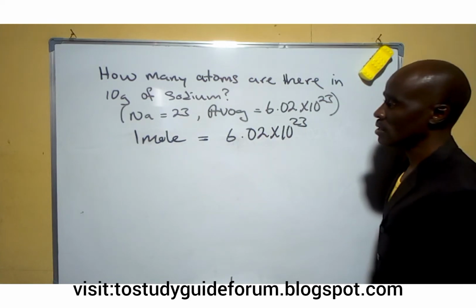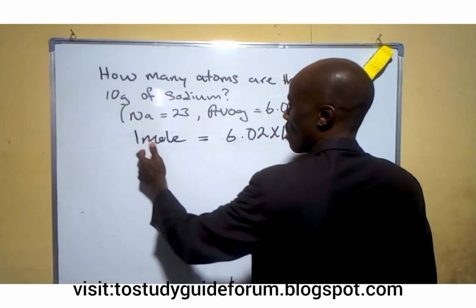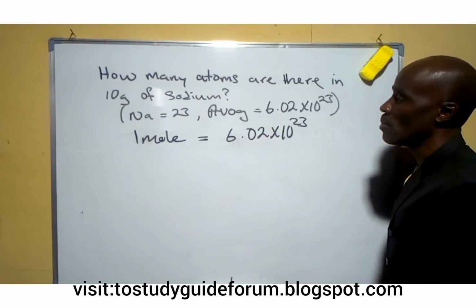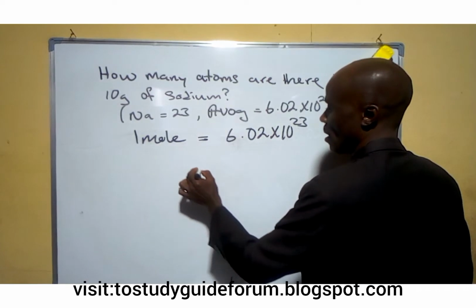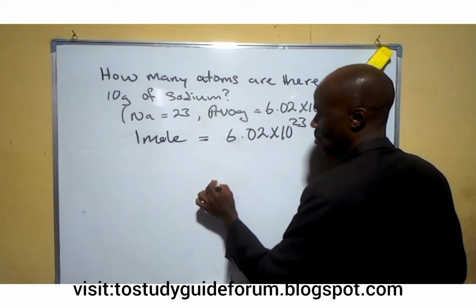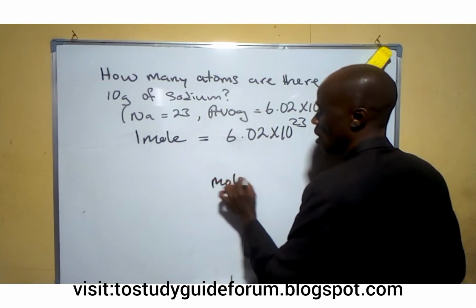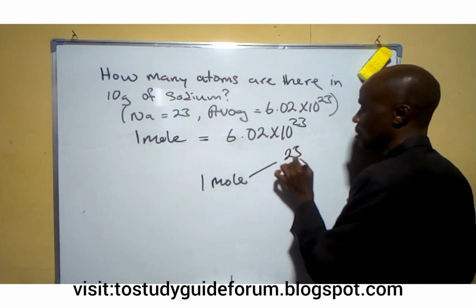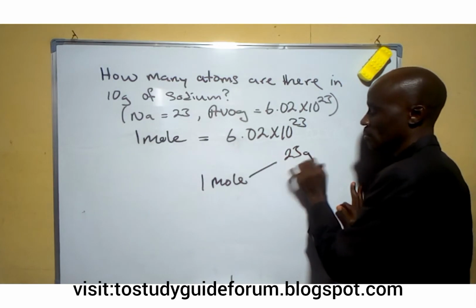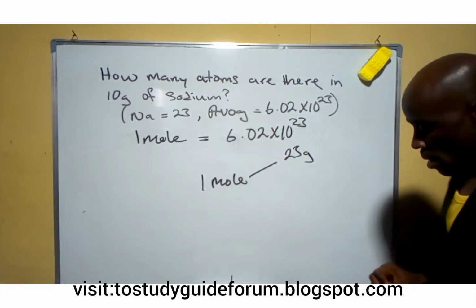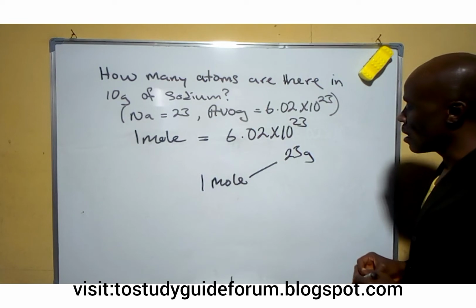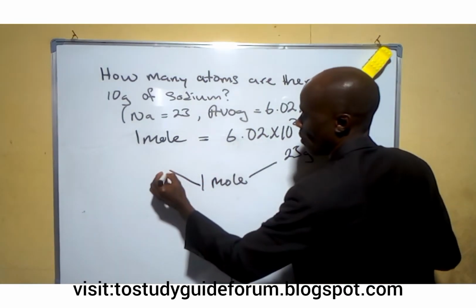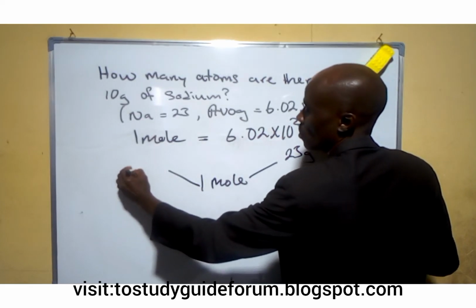So because of that, since we know that 1 mole is this, there's a relationship there. That means 1 mole is the same thing as the molar mass, that is a mass expressed in grams, and then the molar volume.